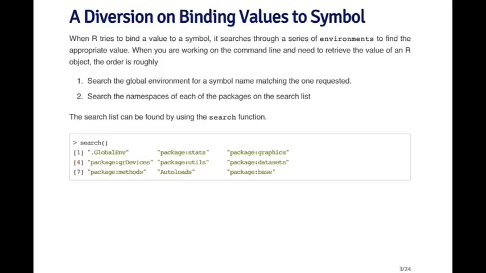Then you can see second on the search list is the stats package, then the graphics package, the grDevices package, all the way down to the very end, which is the base package. Somewhere in this list of packages, R is going to look for a function called lm. And of course, if it's not in the global environment, then it will eventually find it in the stats package, which is the function that's used to fit linear models.